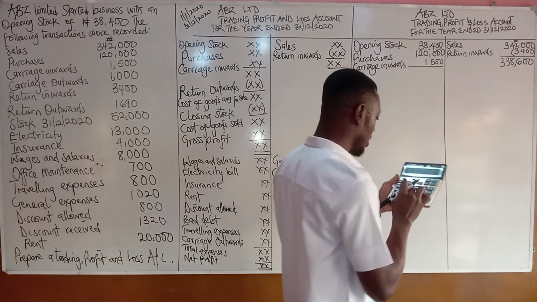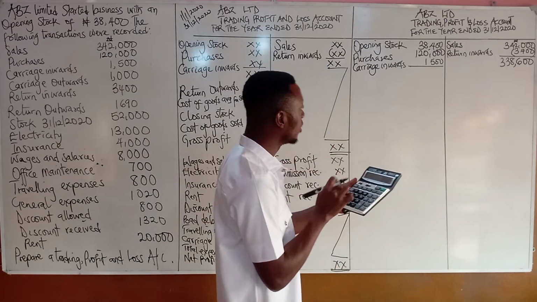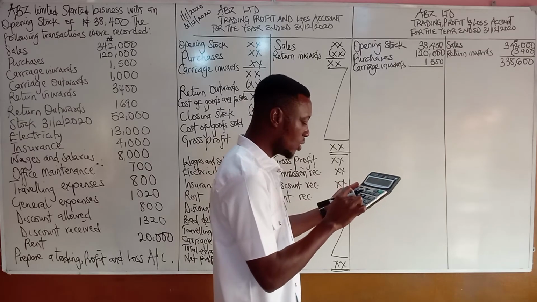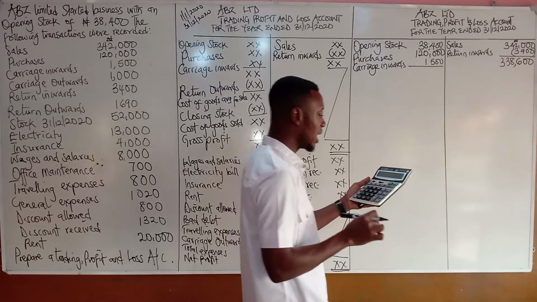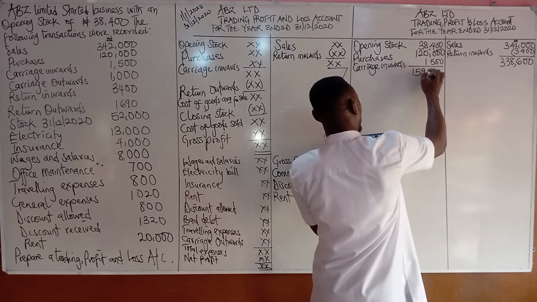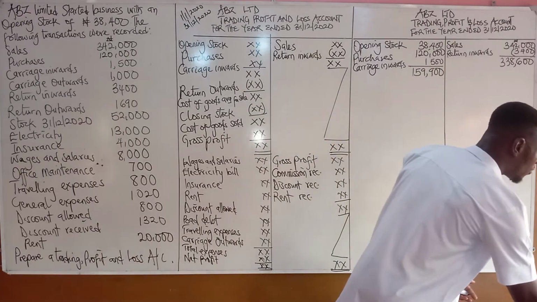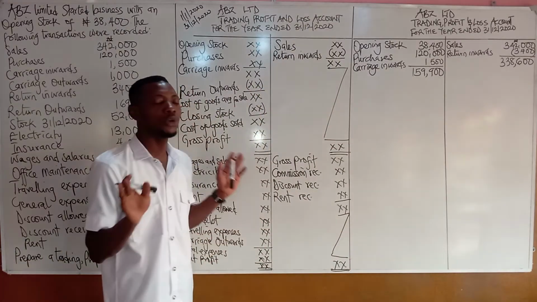If we are adding the three together, we have 38,400 plus 120,000 plus 1,500. That will give me 159,900.